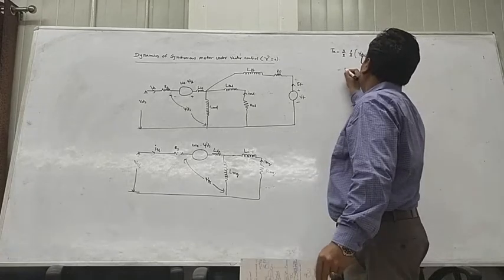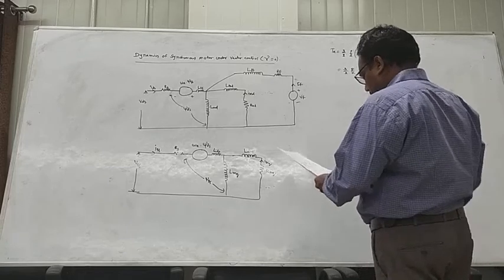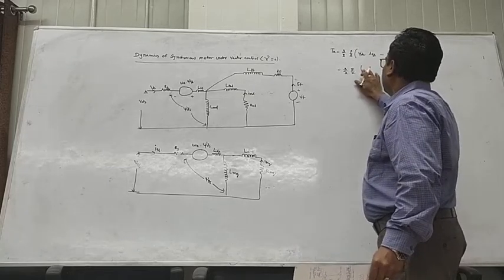That is equal to 3 by 2, because already I explained this, 3 by 2 into P by 2, and this psi ds is replaced.